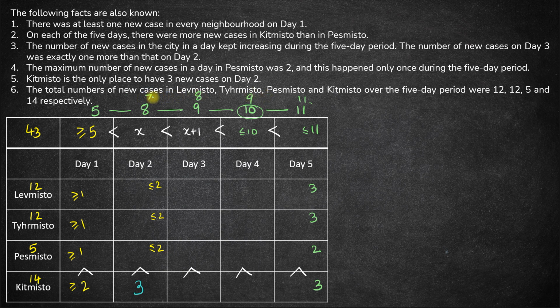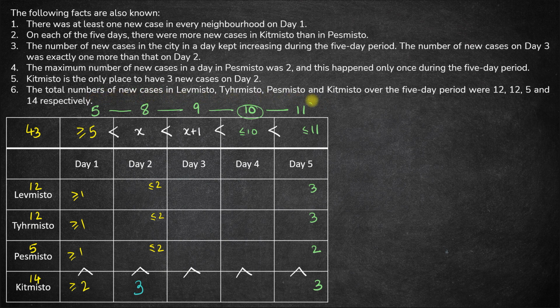So now what happens is 7 plus 8 is 15, 15 plus 9 is 24, 24 plus 11 is 35. So 43 minus 35 is 8. Now what happens? Day 1 is greater than day 2, which is not possible, right?